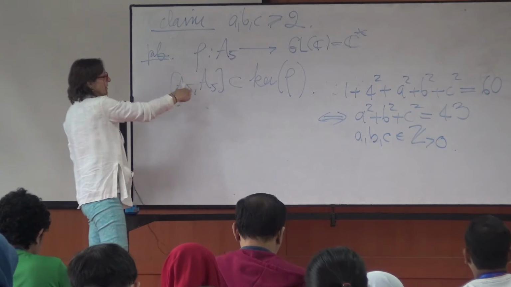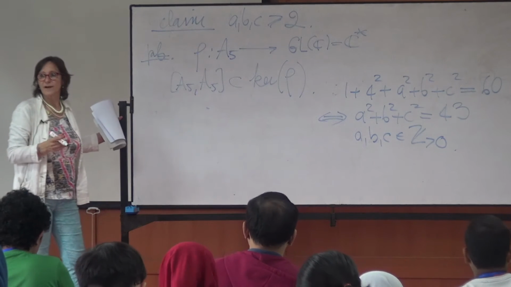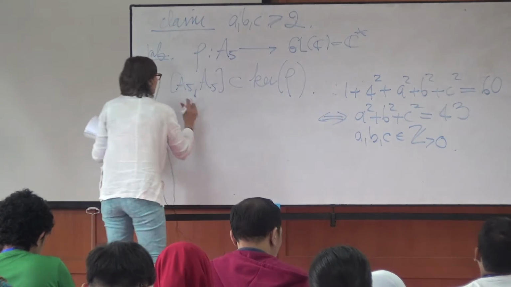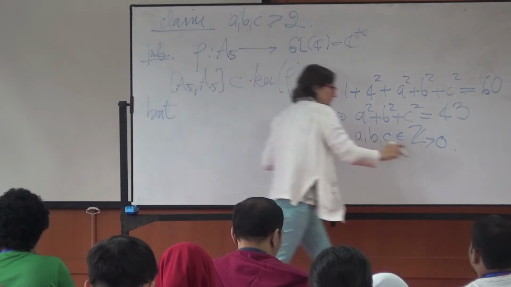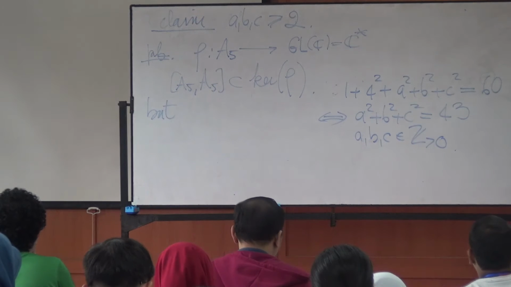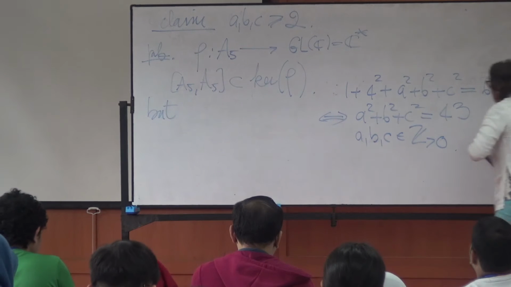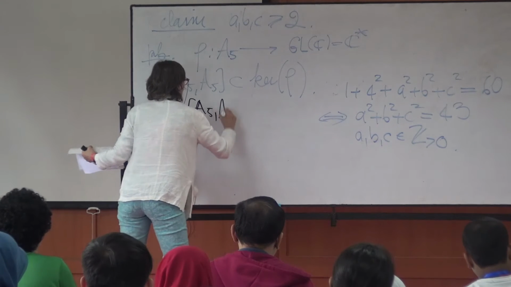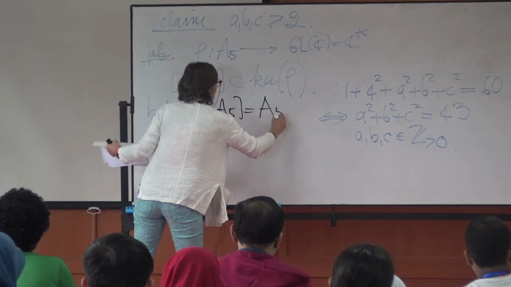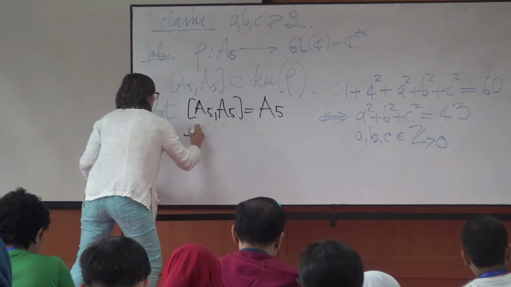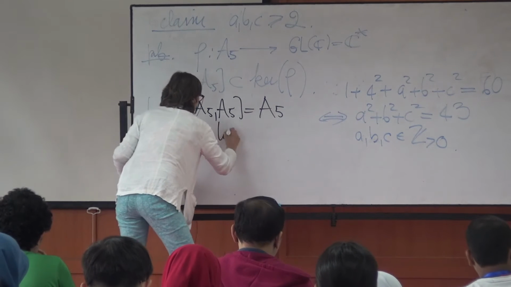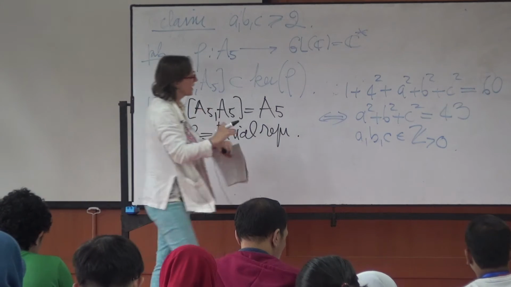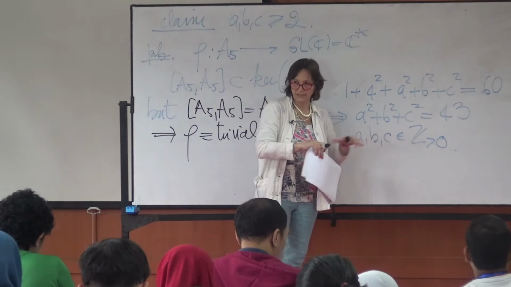But the commutator subgroup of A5 coincides with A5, and so rho is the trivial representation. So this tells us that A, B, C not only are positive, but are actually greater or equal than 2.